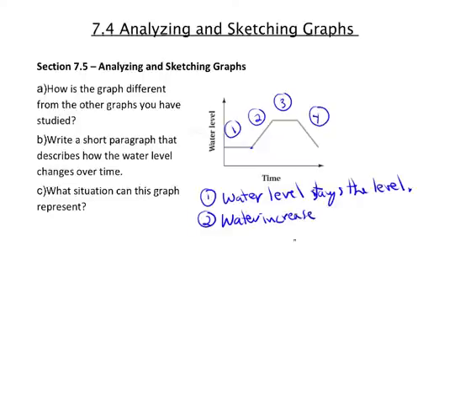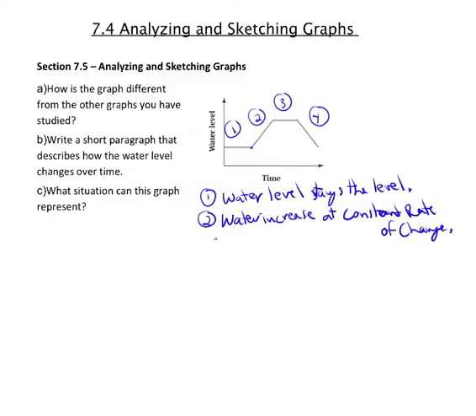Now, we don't want to just say increases because there are different ways to increase, but this one increases at a constant rate. We can even put in there "of change." That's like talking about the slope, but we don't want to say just a positive slope. We said positive as an increase, and then we use the words constant rate of change. It increases at a constant rate of change.